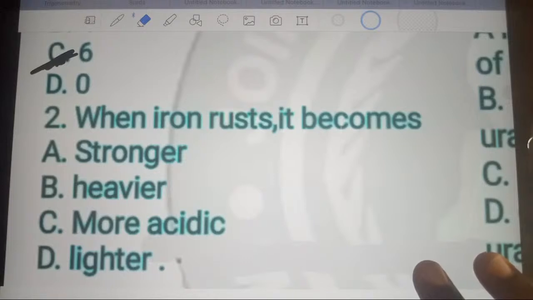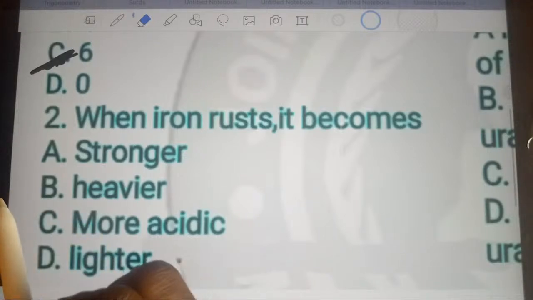When an iron rusts, it gets heavier, because rusting is actually a chemical reaction whereby iron combines with oxygen in the air. So iron, the mass number of iron is actually 50 something, I think 56 or so. Then when it adds on to oxygen, so automatically when iron rusts, the answer is that it becomes what?